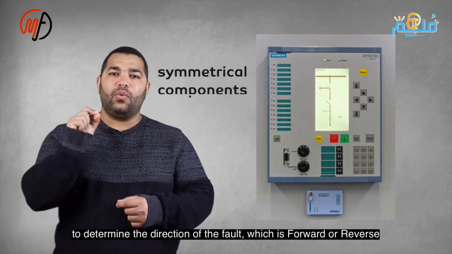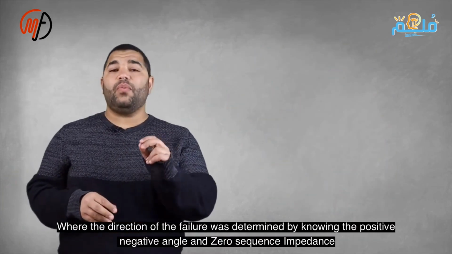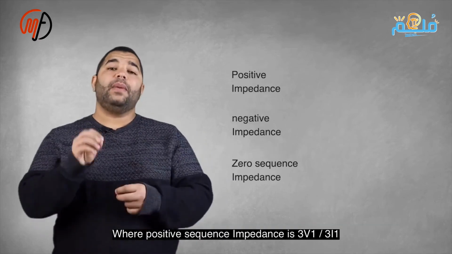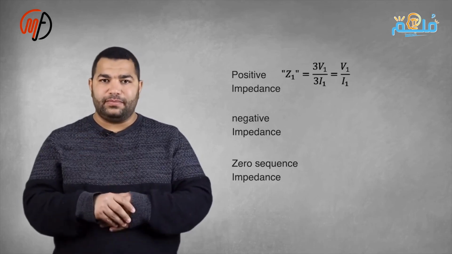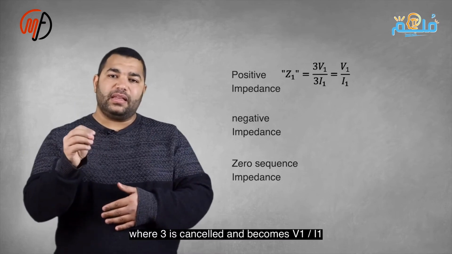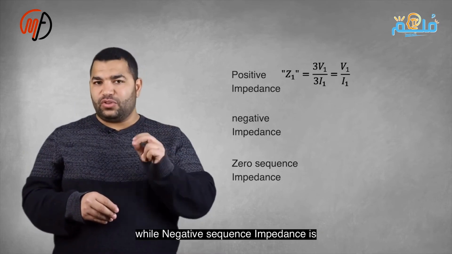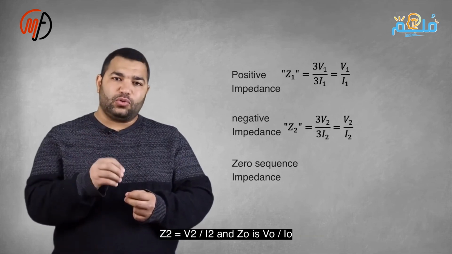Positive sequence impedance Z1 equals V1 over I1, negative sequence impedance is Z2, which is V2 over I2, and Z0 equals V0 over I0.